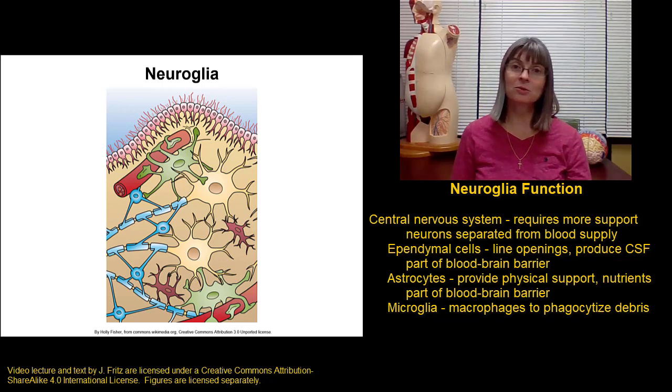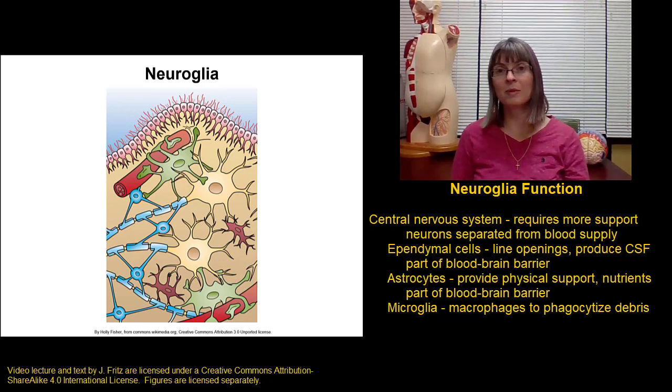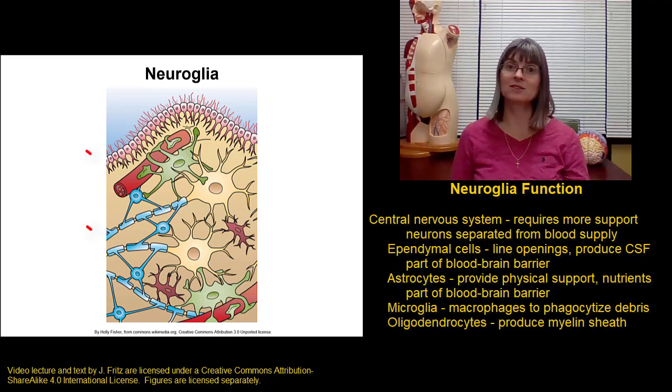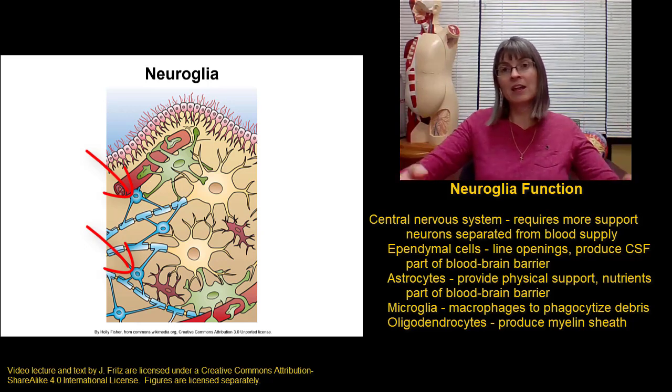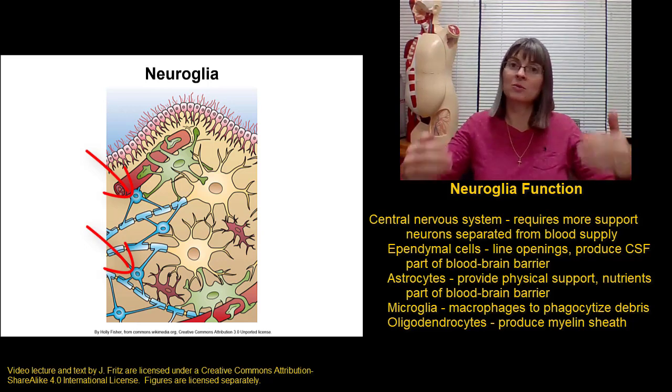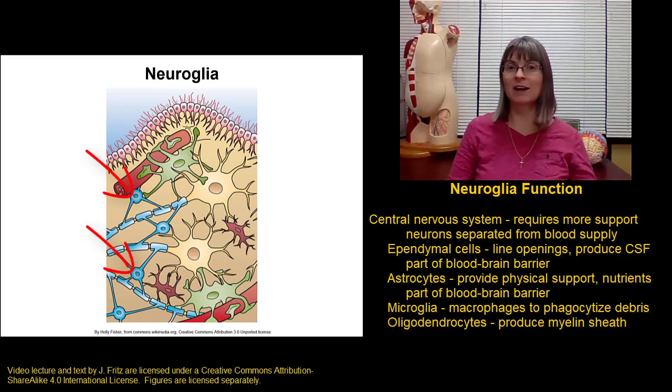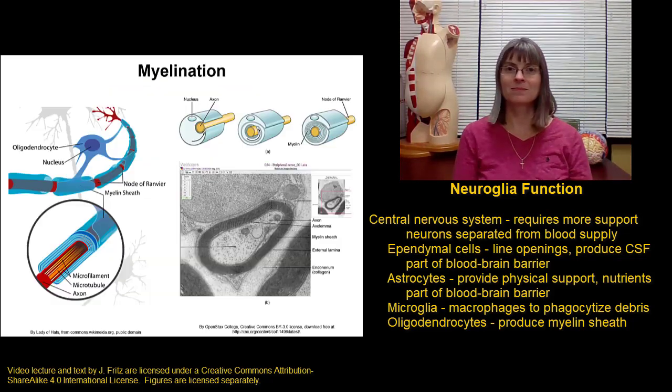The last of the central nervous system glia I want you to know about are the oligodendrocytes. The oligodendrocytes are important because these are the cells that produce the myelin sheath around the axons of the central nervous system neurons. The oligodendrocytes have extensions of their membrane that reach out and then wrap around and around and around the axons to provide the myelin sheath.